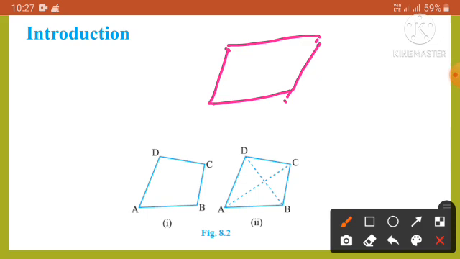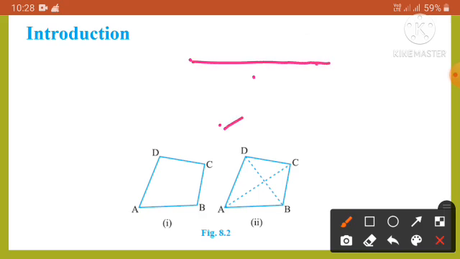We take another one, and in this figure also no 3 points out of 4 points are collinear, and we have a closed figure with 4 sides.